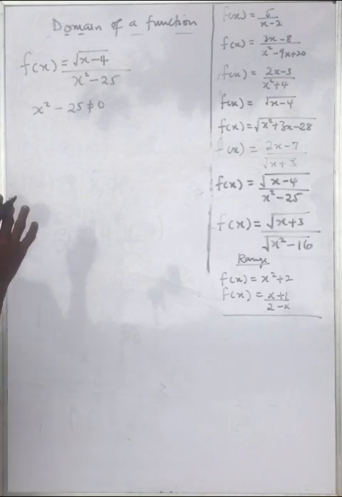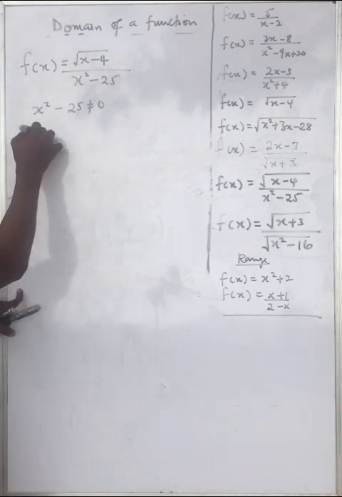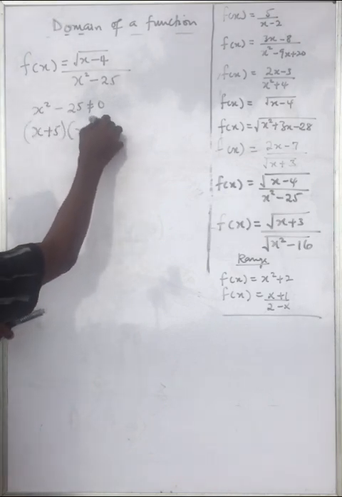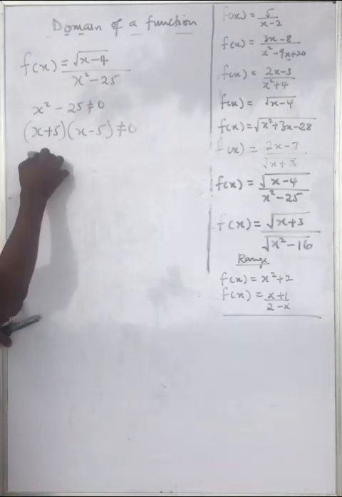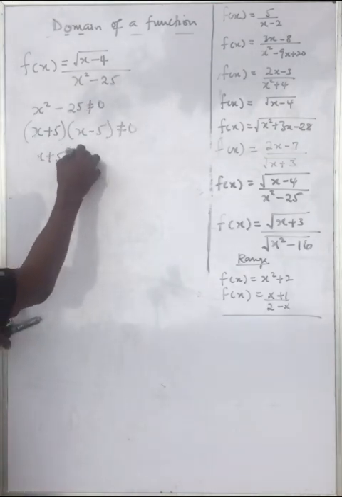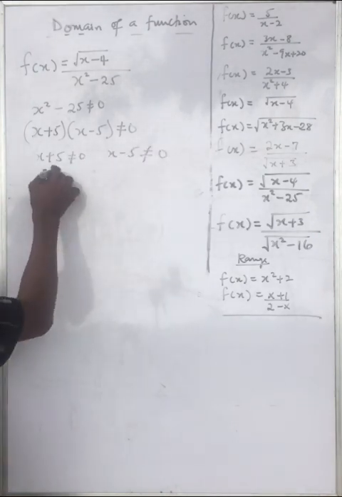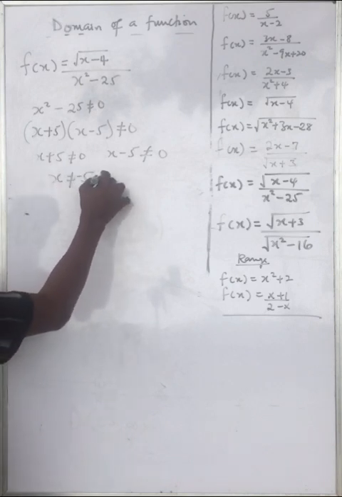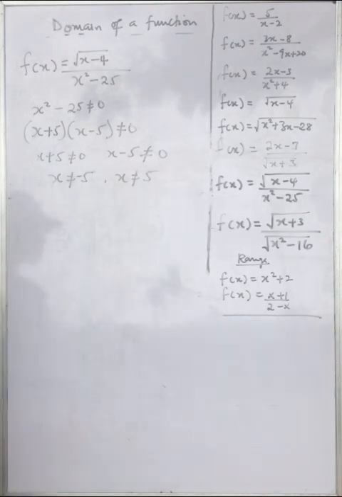And from your concept of difference of two squares, we can have it as x plus 5 times x minus 5 must not be 0, isn't it? So x plus 5 must not be 0 and x minus 5 must not be 0. So x is not equal to negative 5 and x is not equal to 5. Are you with me now?